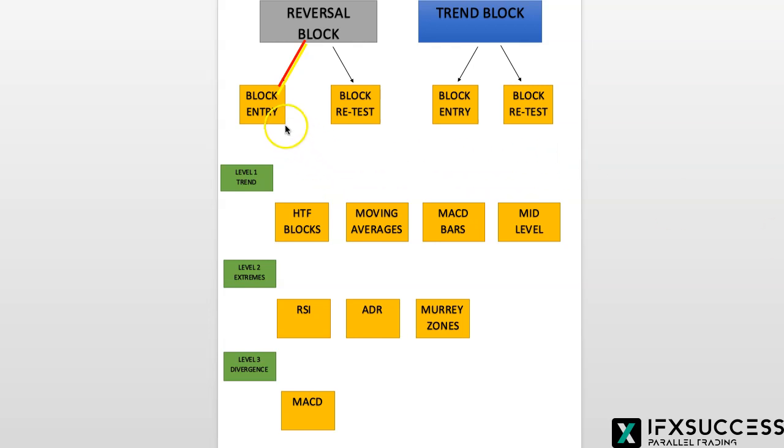So we have to either choose one of these 4, or the only one that we can mix up would be the mid-level with any one of these. But I highly suggest choosing, let's say, higher time frame blocks, and then also maybe the mid-level. Okay, that could be one combination. So this will be the level 1 trend. We can actually use and trade just a block and a level 1 trend indicator, right?